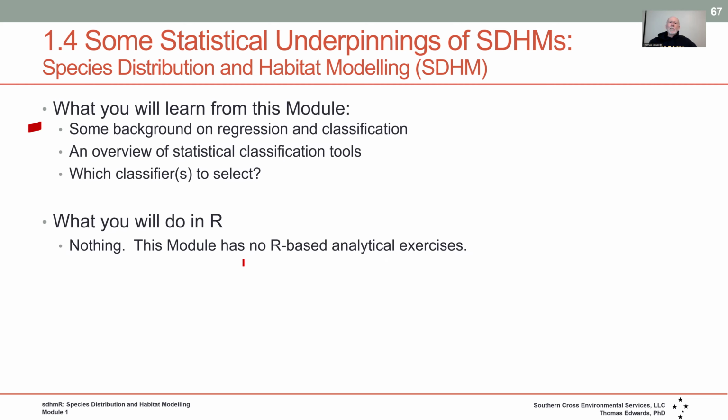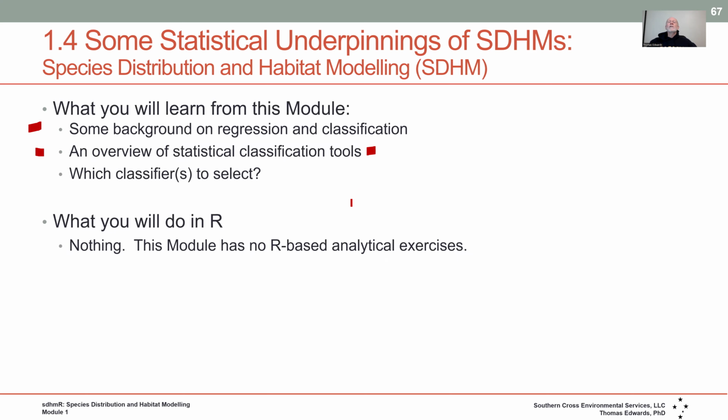So what you're going to learn here is just some basic background on regression and classification. Also, a bit of overview of some of the available statistical classification tools. Now, there's lots of them. And as I think I've mentioned before, there is absolutely no way I can provide and introduce you to each and every one of these.